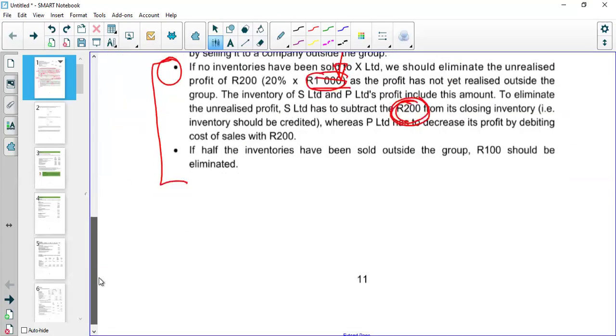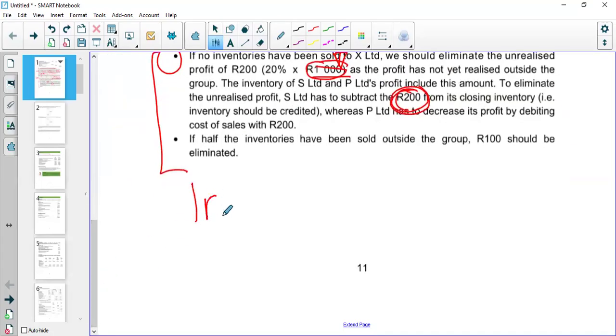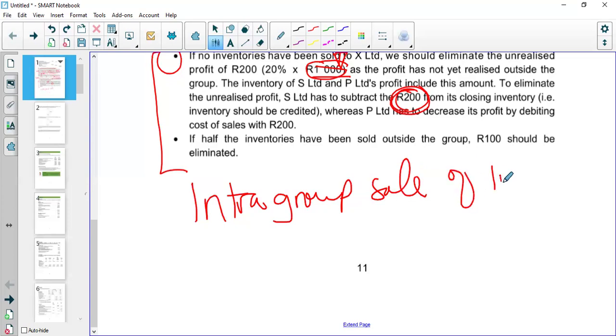So when there is an intragroup sale of inventory, not just anything. It's inventory. Because if there is an intragroup sale of something else, then the adjustments will be slightly different, right?